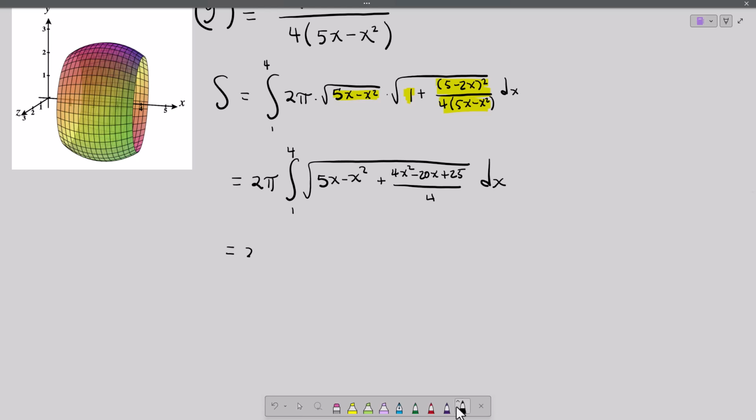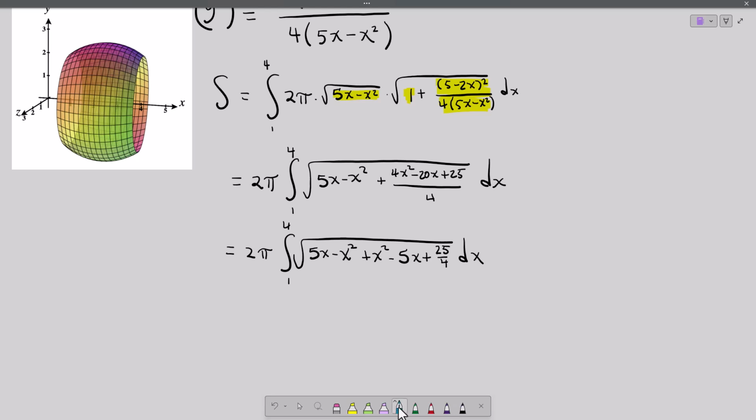We can do a little simplification here, and we're going to notice that there's some cancellation. When we're distributing, 4 goes into 4 once, so we get positive x squared. 4 goes into negative 20, negative 5 times, so we get negative 5x, and then plus 25 over 4.